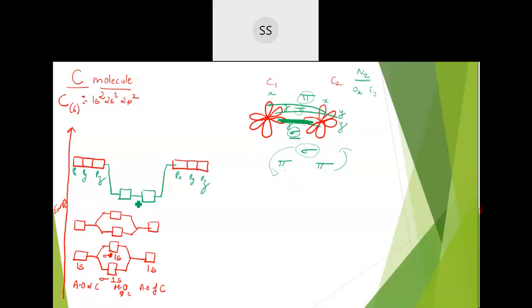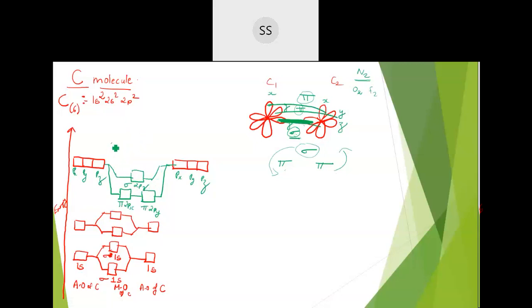So this we will take as pi 2px and then pi 2py. Both are pi, similar character, similar nature, so same energy they will have. That is the reason why we are putting the pi ones down, and then the sigma one you will put up. So this above one will be the sigma 2pz orbital.